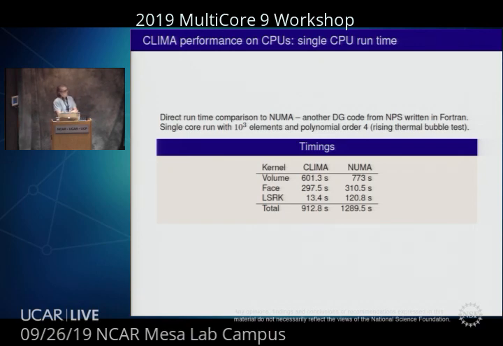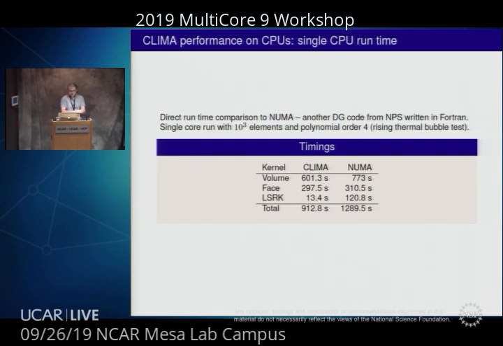So for performance on CPU, I compared CliMA to NUMA, which is an older code that was also developed at NPS, and it uses the same discretization. Basically, it's written in Fortran. I have some timings for a single core run in 3D with 10 elements in each direction, polynomial order 4.